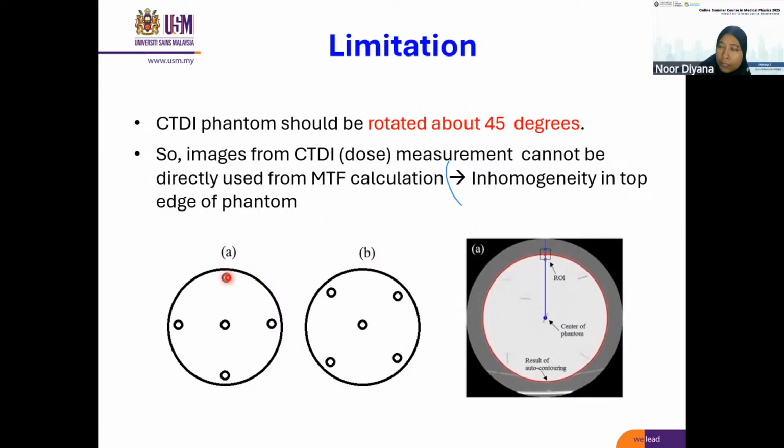With the CTDI phantom, we know it has a hole for ion chamber measurement, so we need to rotate the phantom to avoid this inhomogeneity. So the automated measurement will rotate the phantom first.